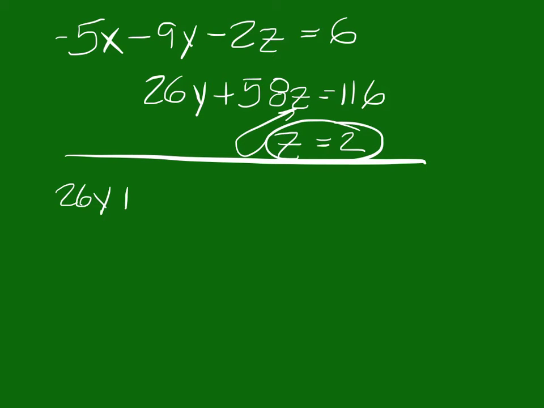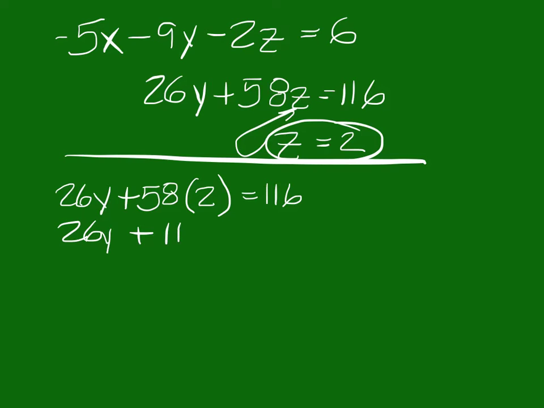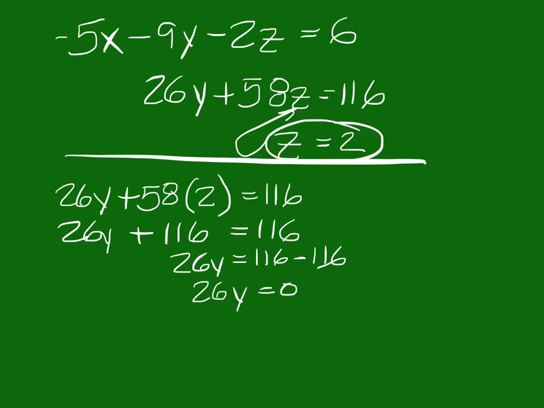That's 26y plus 58 times 2 equals 116. 26y plus, and that should be a 116, equals 116. And when you move that 116 to the right, you're going to subtract it, and it comes out to be 0. So clearly y is going to be equal to 0. We have z equals 2, y equals 0. You have to plug those two back into the top equation and come out with an answer for x.